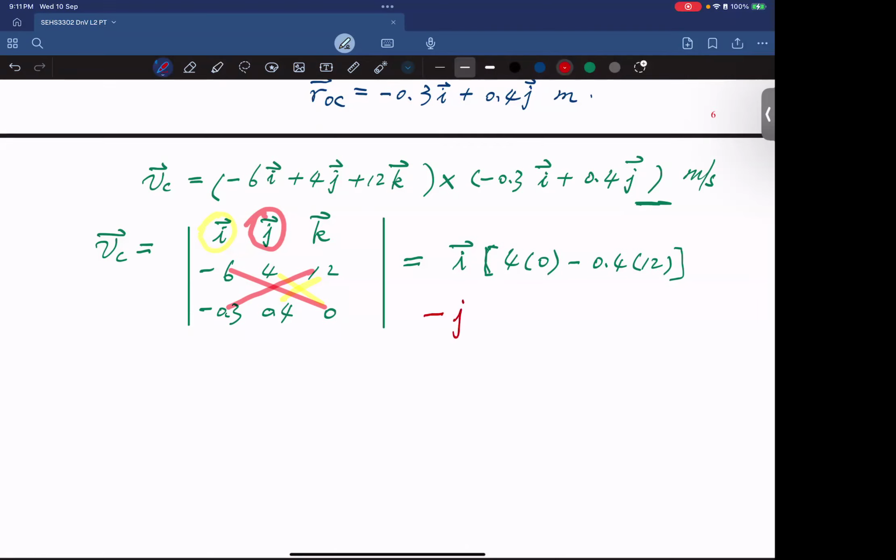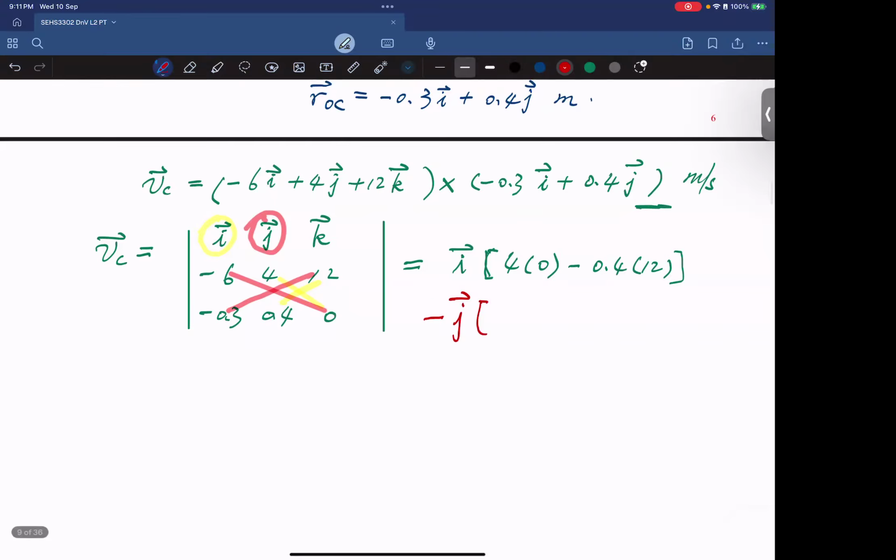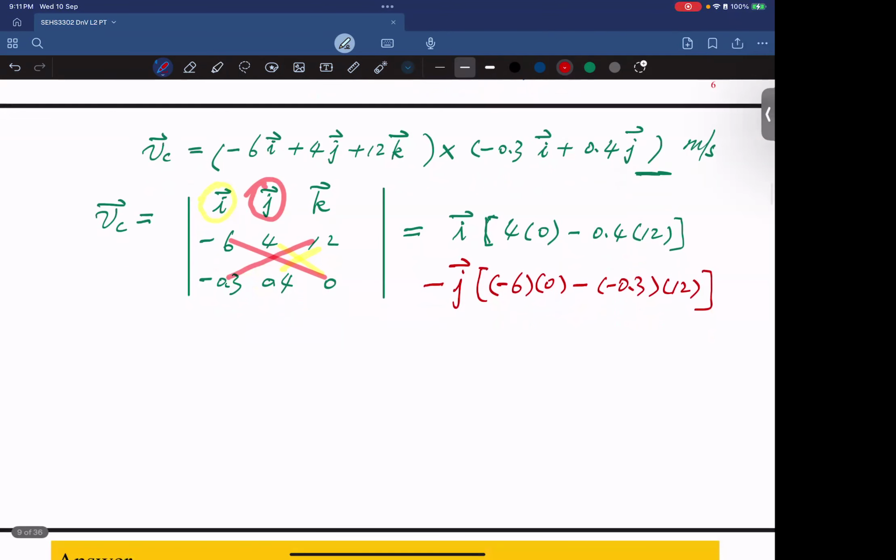So negative J, and the same cross: negative 6 times 0 minus negative 0.3 times 12. This is the J component.